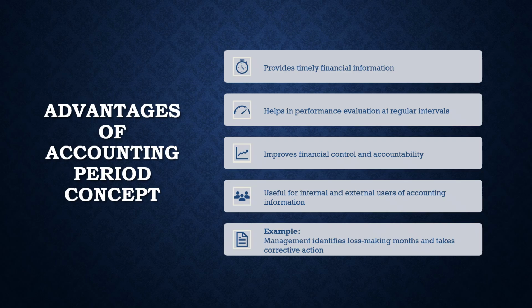Let's now look at the advantages of the accounting period concept. So, one major benefit is that it provides financial information on a timely basis. Instead of waiting for the business to end, results are available at regular intervals. It also helps in evaluating performance periodically. By reviewing results month by month or year by year, management can assess how well the business is doing. Another advantage is improved financial control and accountability.